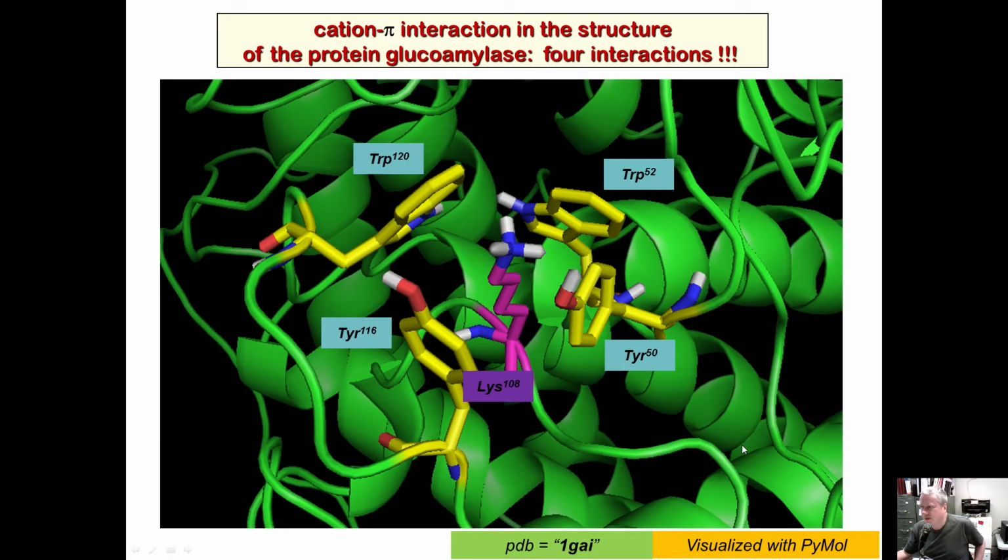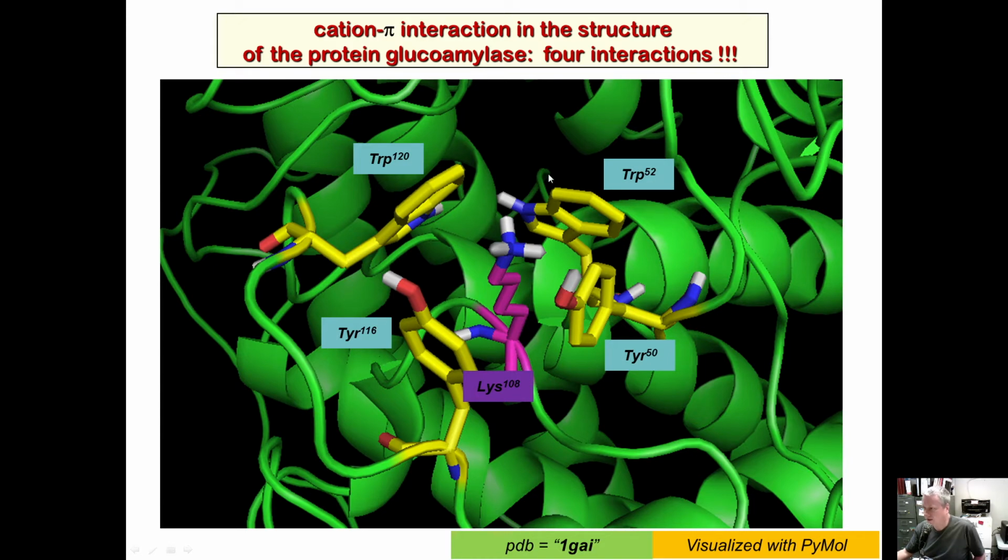Another one is glucoamylase. This one's a little bit famous for having multiple interactions of the same type. So lysine 108 is the positively charged ammonium amino acid, and it's kind of surrounded by 4 aromatic ring systems that are all contributing to this interaction: tryptophan 120, tryptophan 52, tyrosine 50, and tyrosine 116.